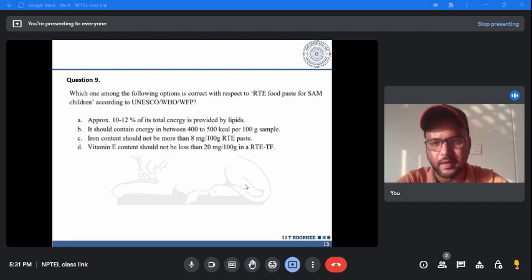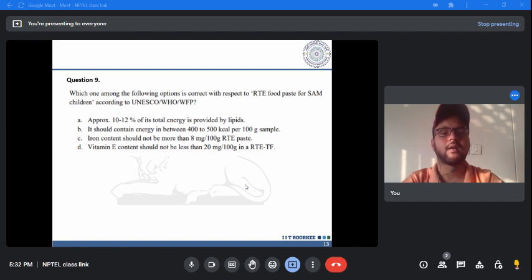The options are: approximately 10 to 12% of its total energy is provided by the lipids; it should contain energy between 400 to 500 kilocalories per 100 gram sample; iron content should not be more than 8 mg per 100 gram RTE paste; vitamin E content should not be less than 20 mg per 100 gram in the RTE food. So please answer in the comment box.